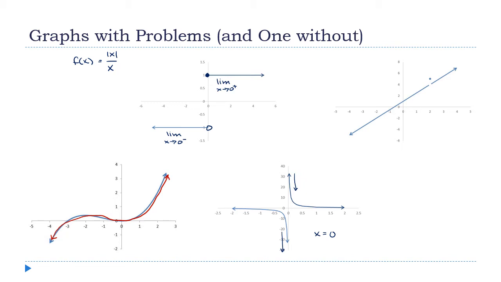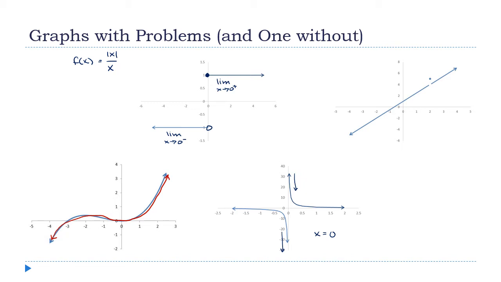All right, and this last one over here. The function at 2 is where the problem is occurring, right? There's a gap there. The function is defined at 2. It's equal to 4.5, it looks like. And the limit as x approaches 2 exists, right?